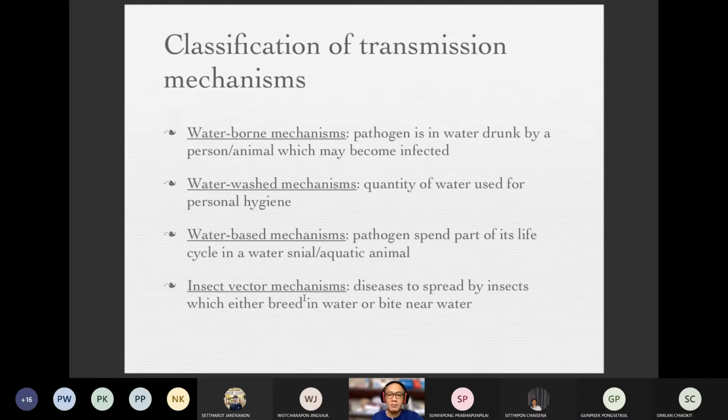This is the case of malaria. The disease is spread by insects which breed in water or bite near water, just like malaria. The disease is transmitted by the mosquito. This transmission mechanism we normally call the insect vector mechanism.